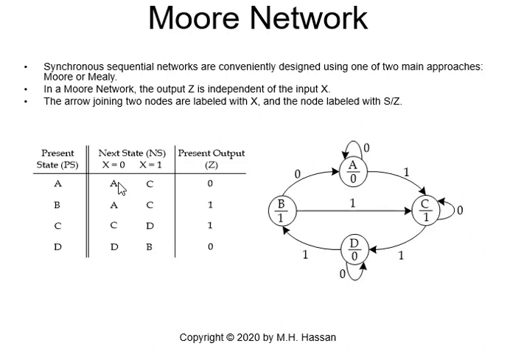So again, the Moore network does not look complicated at all. We will have Z independent of the input X, and the node will carry the name of the state slash the value of Z, and the arrows between two nodes, or sometimes the same node, will be labeled with the value of X. And also we said every state will have two outgoing arrows because X may have two values, 0 or 1.